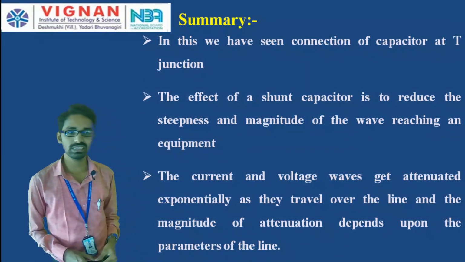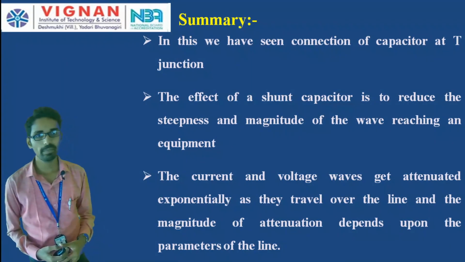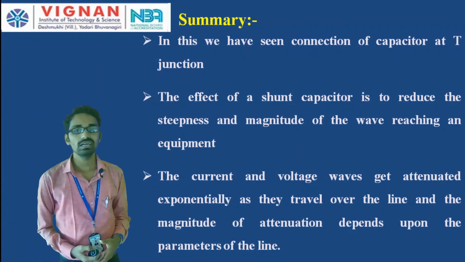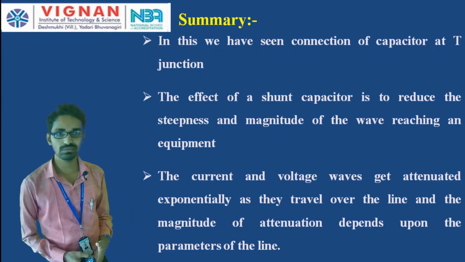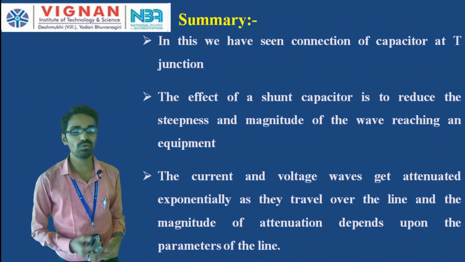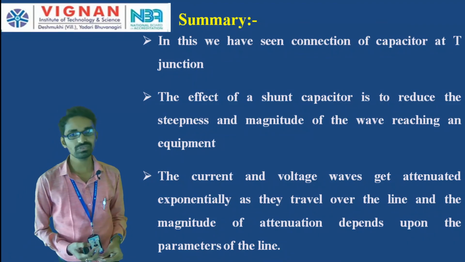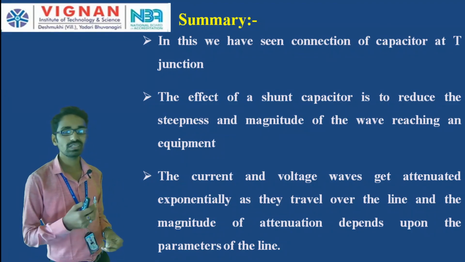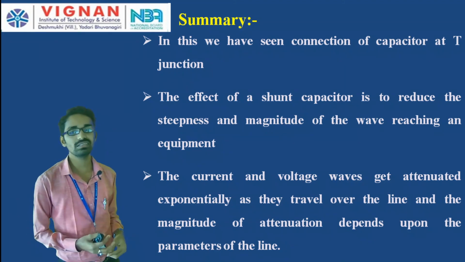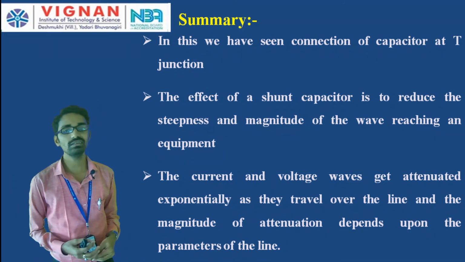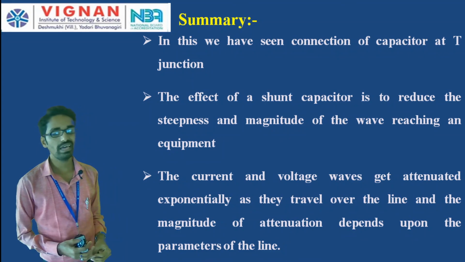So what we have seen till now, in summary: we have seen the connection of a capacitor at the T junction, the refracted voltage equation, and the effect of the shunt capacitor. If we connect the shunt capacitor, it is going to reduce the steepness and magnitude of the wave reaching the equipment.